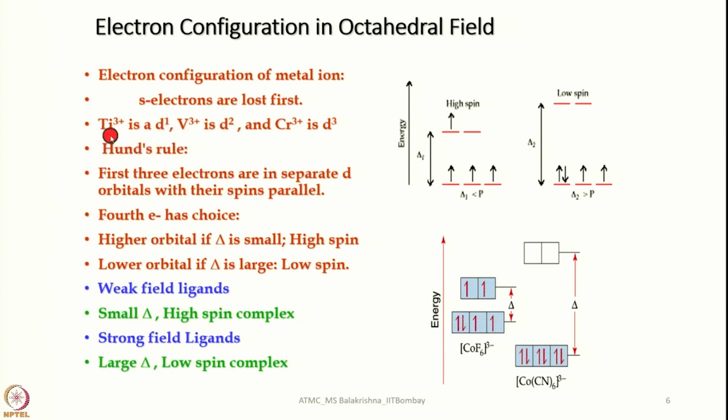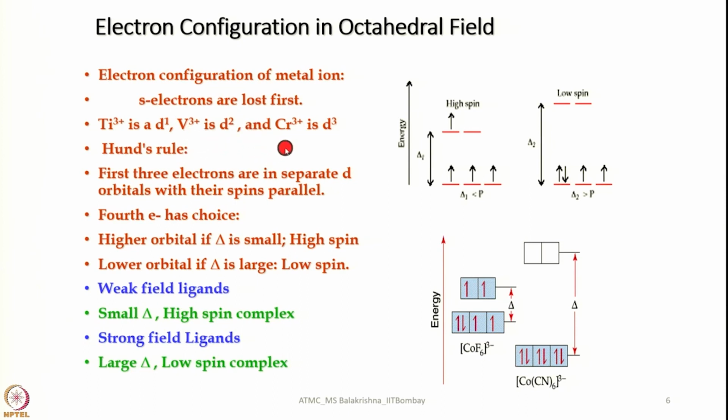For example, titanium 3 plus, we have 3d2 4s2 electronic configuration, we are left with 1 electron, so it is a d1 system. Similarly, vanadium 3 plus, if you consider, it is a 3d3 4s2 electron system, and if you remove 3 electrons here, we will be left with the d2 system here.